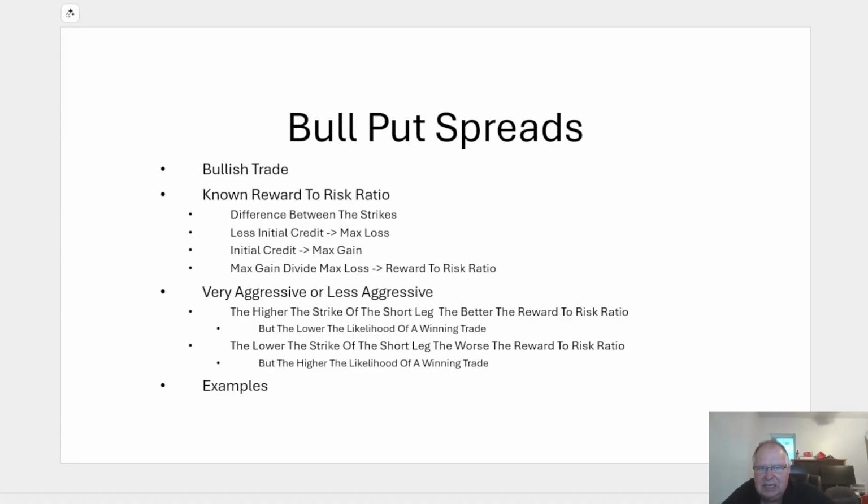If you take that max gain and divide it by the max loss, that gives you your reward to risk ratio. Now you can be very aggressive or less aggressive with this trade. The greater the initial credit that you bring in, the higher the initial strike that you sell.